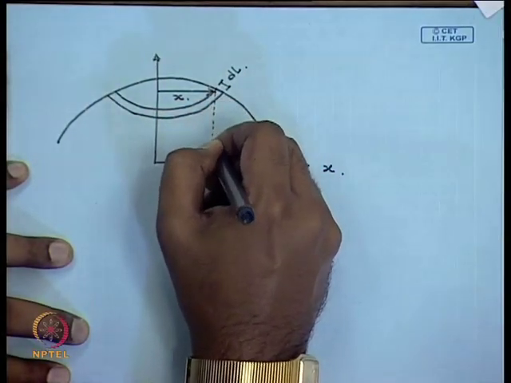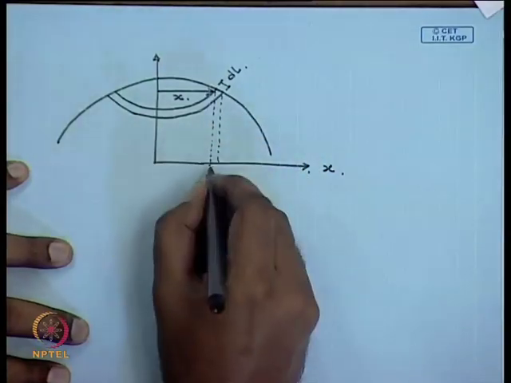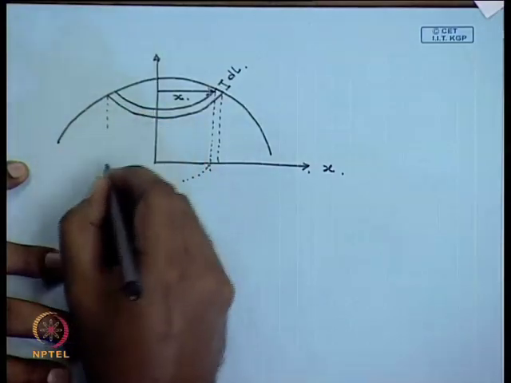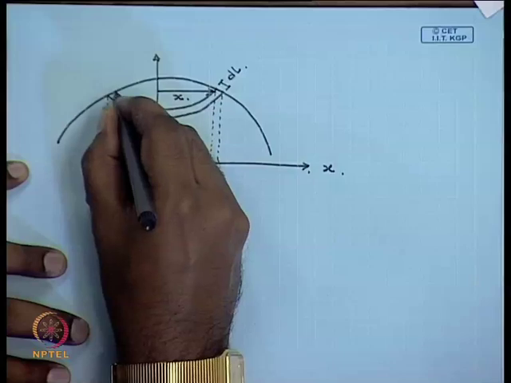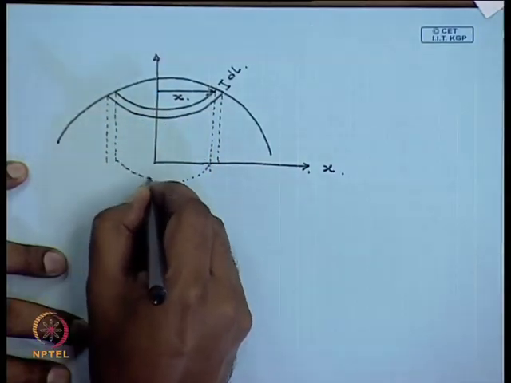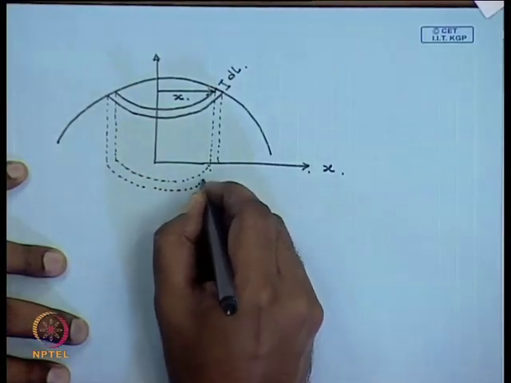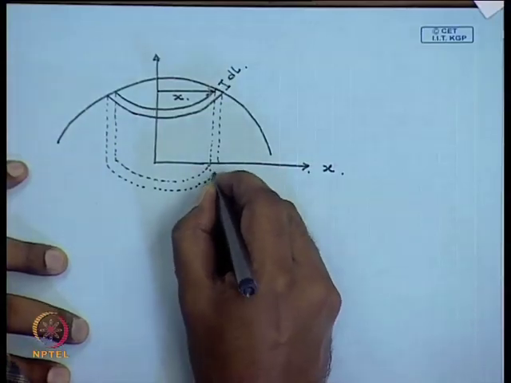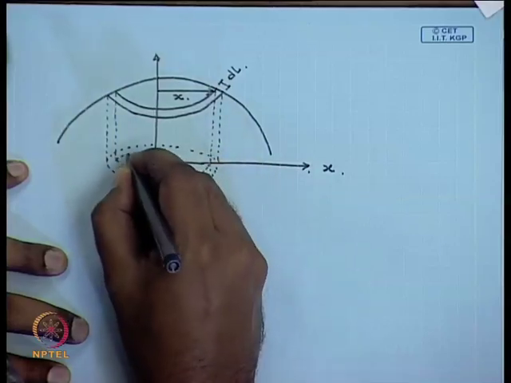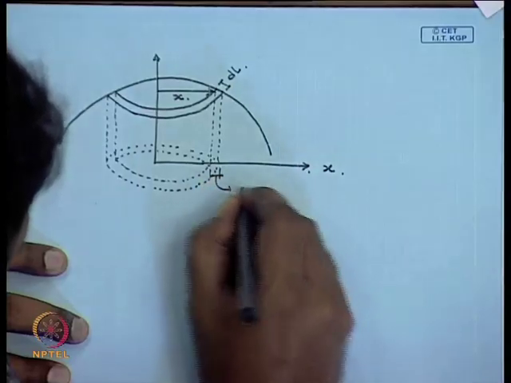So, if you draw the projection at the base, it looks something like this. The projection at the base, and this is essentially dx.